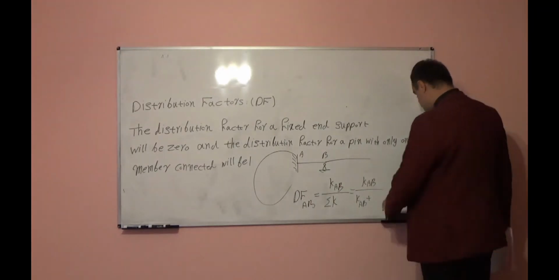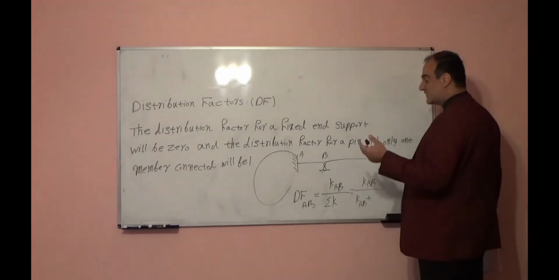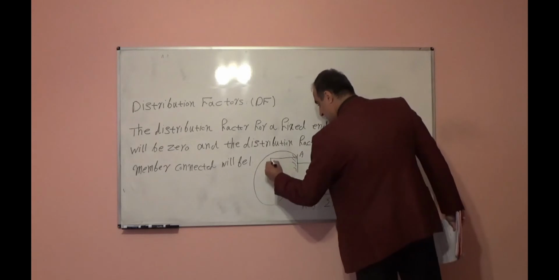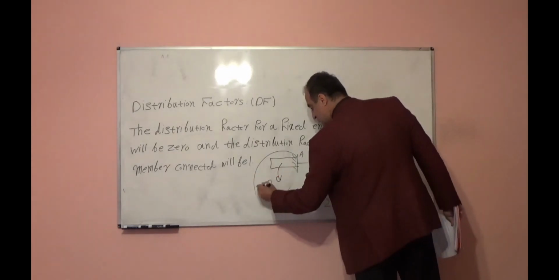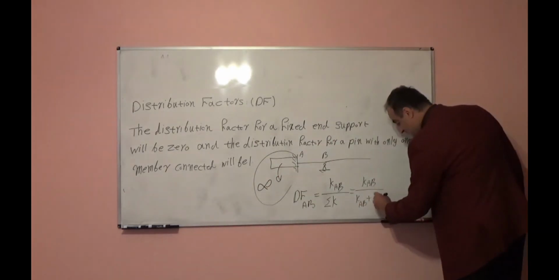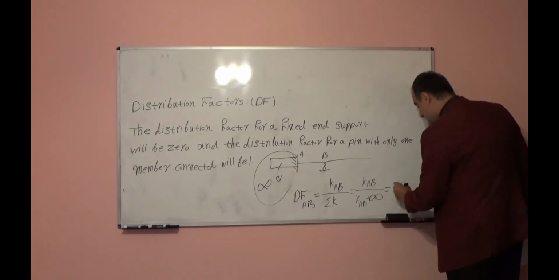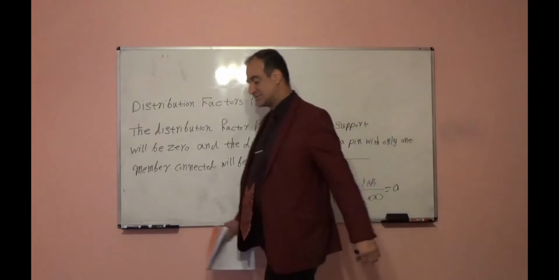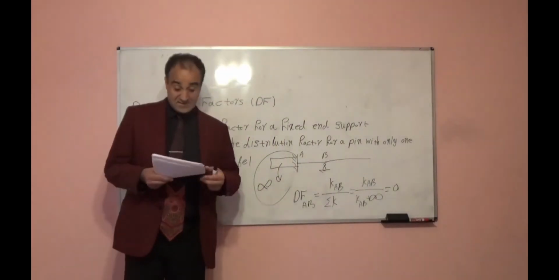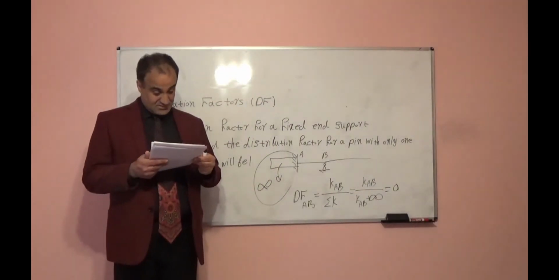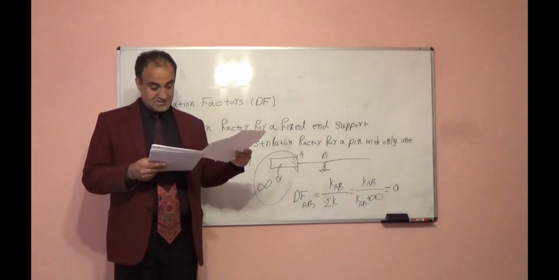The stiffness of the ground, meaning the earth, goes to infinity. If you add infinity here, a number divided by infinity will be 0. For that reason, that distribution factor will be equal to 0.